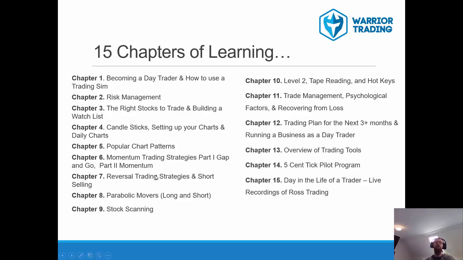These will all include live trading examples where you can see me actually trading with my own money. Chapter 9 is when we'll get into stock scanning, and that's when I'll provide scanner settings for you guys, the same settings that I use on my scanners every single day. Chapter 10, we'll get into level 2 tape reading, and that's when I'll share my hotkeys with you guys, and then we'll continue on chapter 11, 12, 13, 14, and 15.